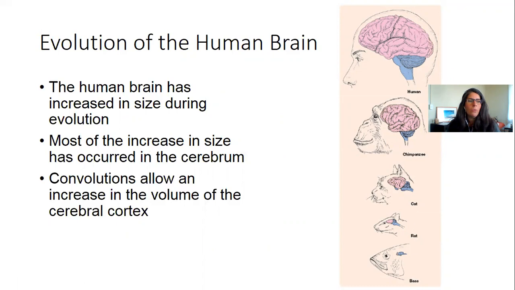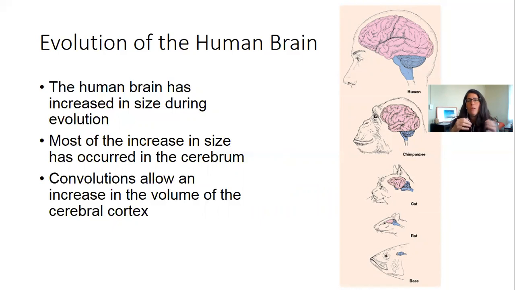With a larger skull size, there's more bleeding and damage to the mother during the birthing process. If the mother dies during that process, there's no nutrition or care for the offspring. So there has to be a balance between the size of the skull and the birthing canal. And again, the size of the brain is going to contribute to the size of the skull.